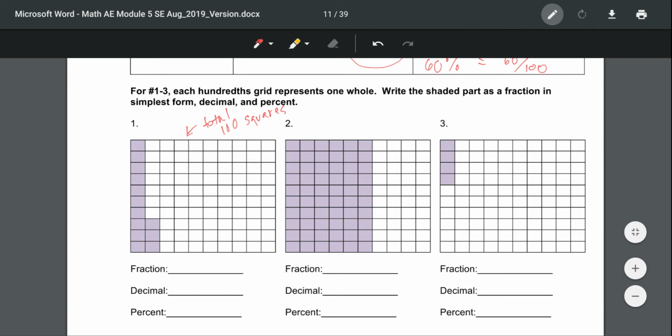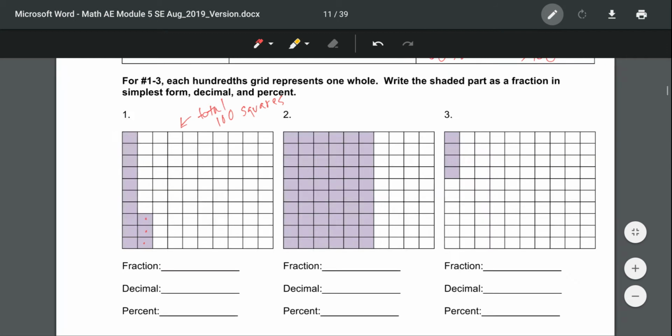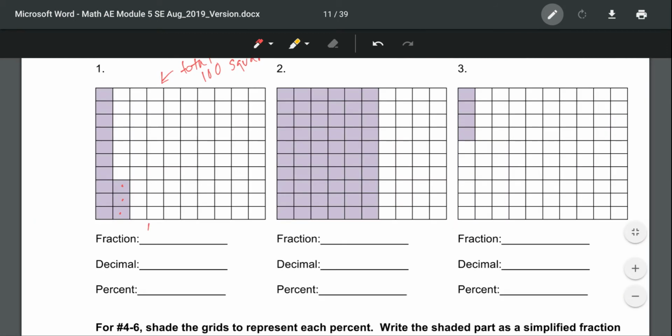So the number that are shaded in for number 1, remember that this is a 10 by 10 grid, so that means that there's 10 going down, 10 units shaded down, and then we have 11, 12, 13. So as a fraction, this would be 13 out of 100.